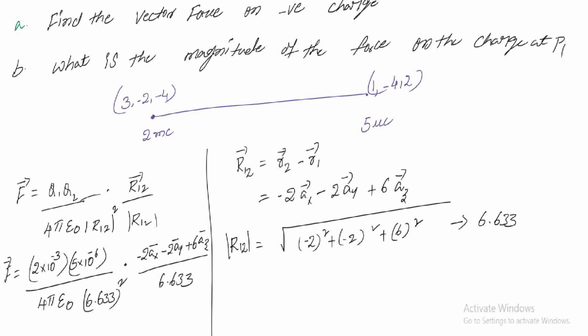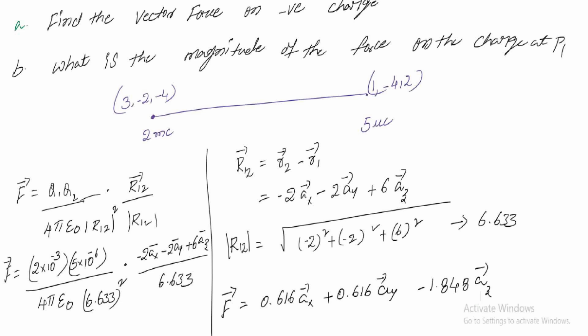So by simplifying this, you are going to get finally the vector F equal to 0.616 in the direction of AX plus 0.616 in the direction of AY minus 1.848 in the direction of AZ. This is F.